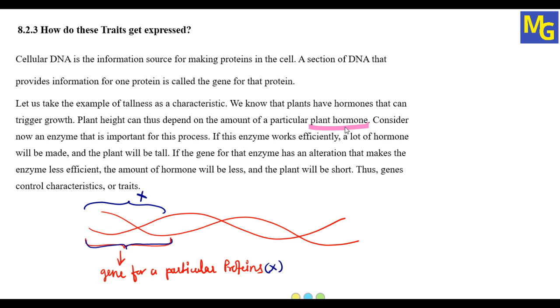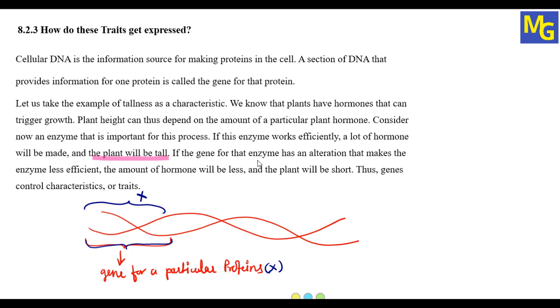This hormone will trigger the growth, and automatically the plant height will increase. So we can write: if the enzyme responsible for that plant hormone works efficiently, a lot of hormone will be made, the hormone secretion will be more, and the plant will be tall.